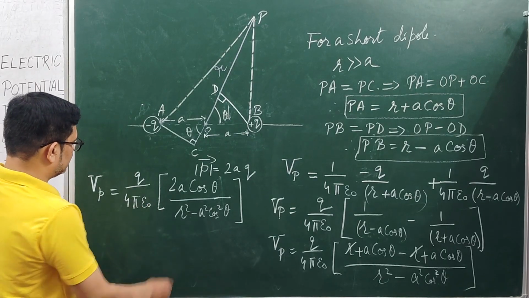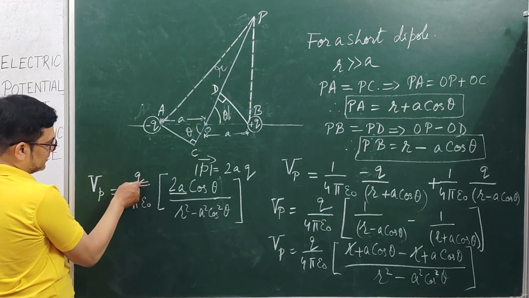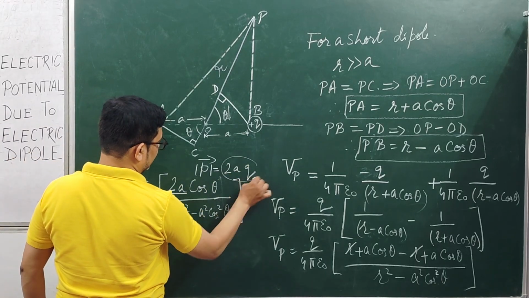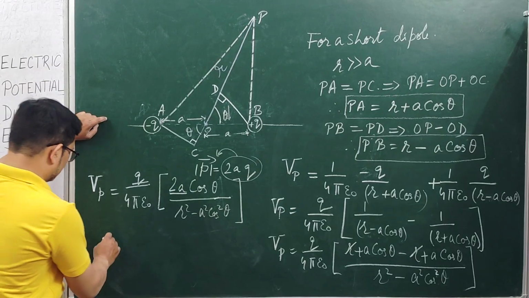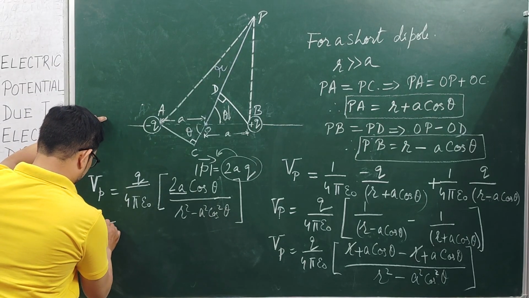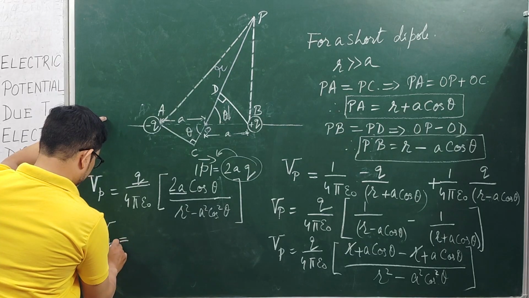Now look carefully, this 2A and q is the magnitude of dipole moment. So we can substitute that. So we can just modify and simplify this in terms of this.